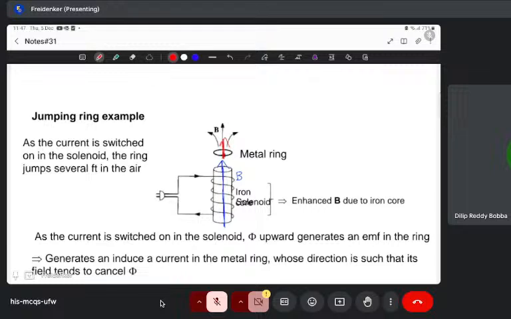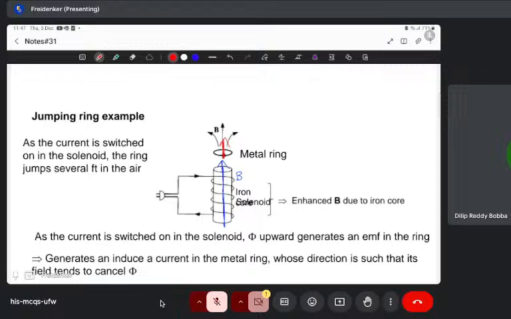After I switch on the current, current will start flowing, right? So magnetic field will move from 0 to B. So there is a change in magnetic flux passing through this metallic ring. In order to oppose this, why is it opposing? Because of electromagnetic induction.